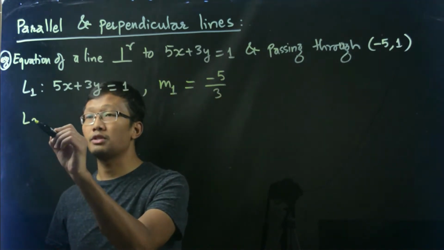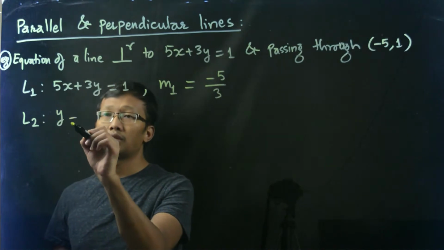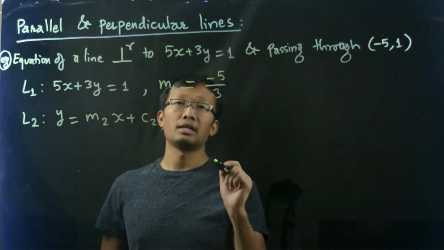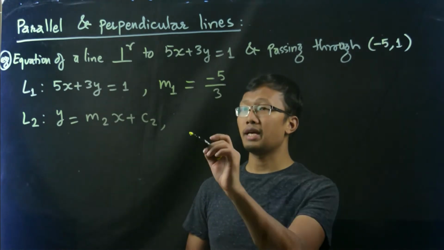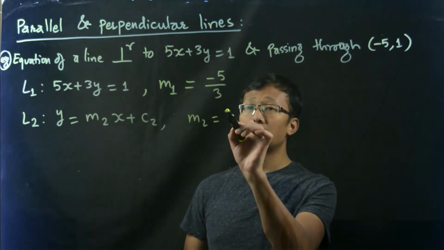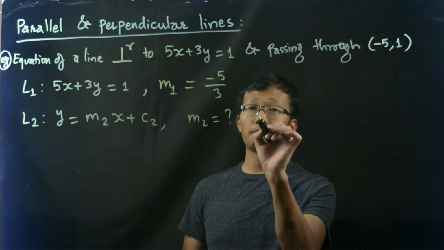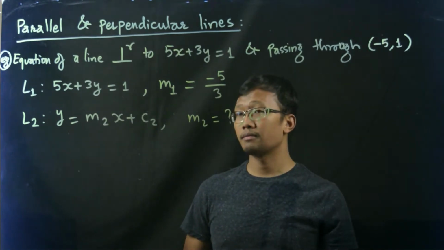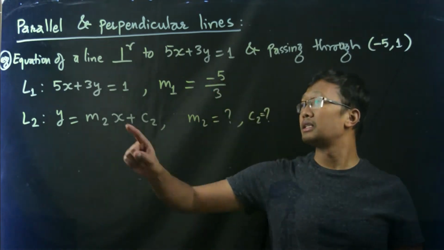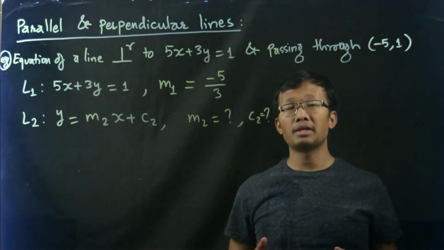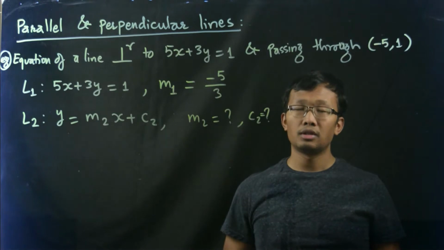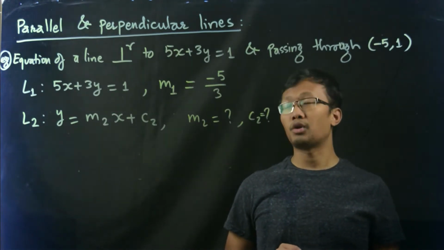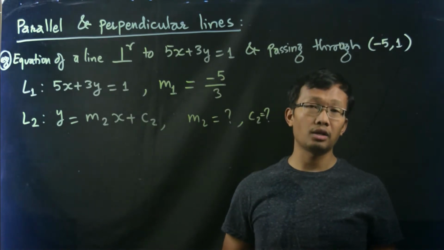Then we need to find the equation of the line which is perpendicular. Let's suppose that equation is L2, y equals m2x plus c2. Now we need to figure out what m2 is and what c2 is. We know that L1 and L2 should be perpendicular, so by our criterion of perpendicularity, the product of slopes must be -1.